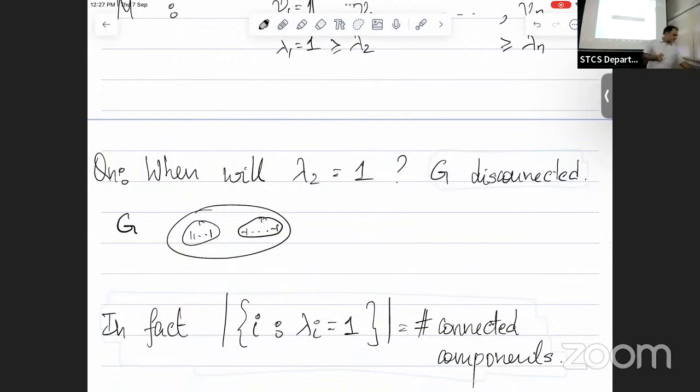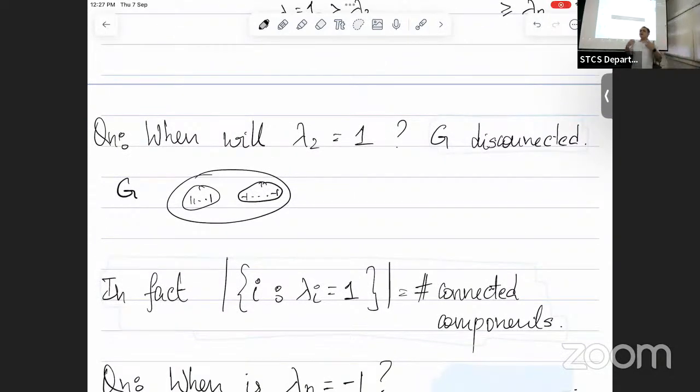If you care about how many different lambda i's actually take value 1, so we were talking about when lambda 2 is 1. If lambda 2 is 1, but lambda 3 is not equal to 1, it turns out that the graph has exactly 2 components. So in some sense, the multiplicity of the eigenvalue 1 counts how many different components you have.